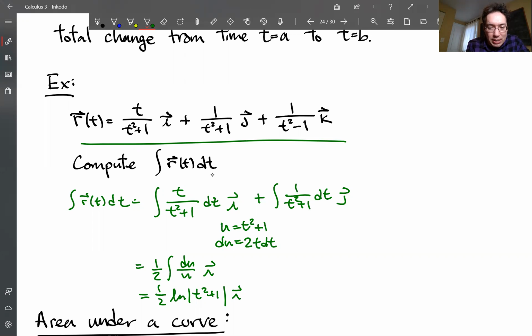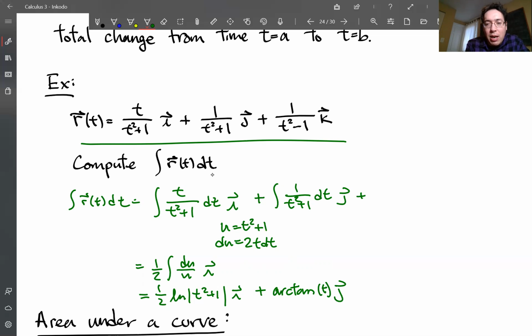Our a is 1 in this case, so this becomes arctan of t. I haven't been writing the constant term for that antiderivative, but I could do that all at the end.